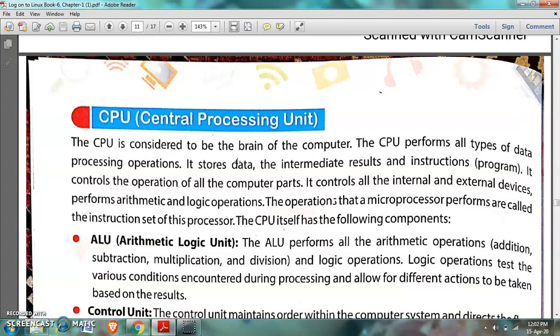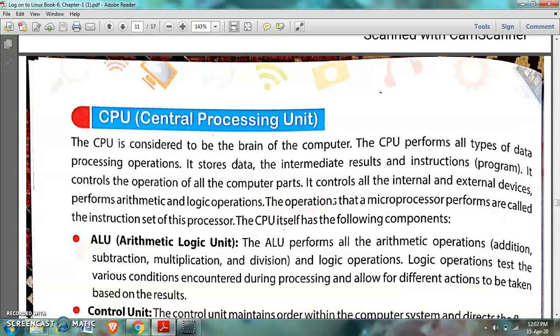See, first of all, it stores the data. Then it processes the data. It performs the logical and arithmetical operations also. It controls the data and the information too. So all this work is done by the CPU.